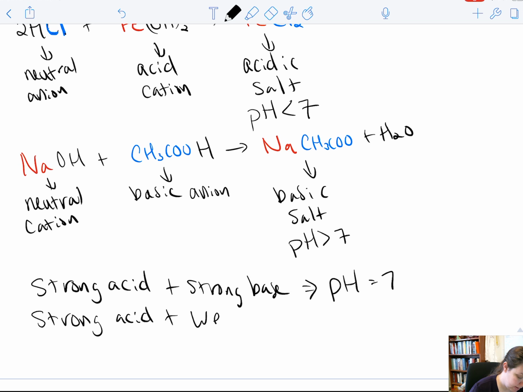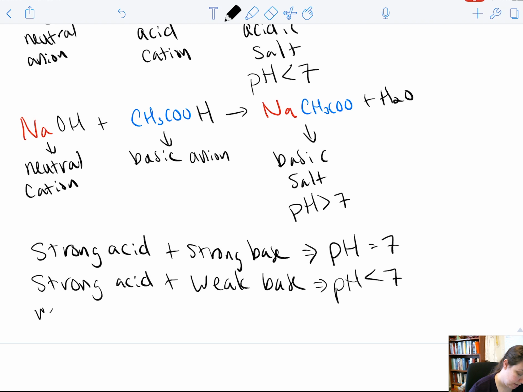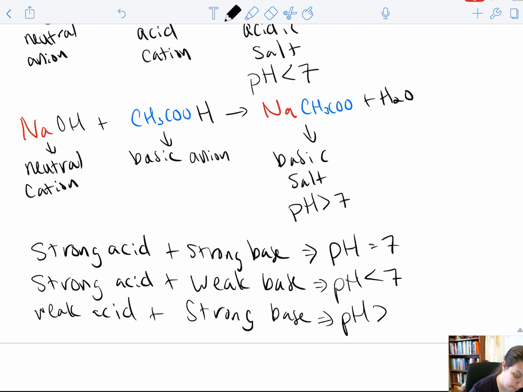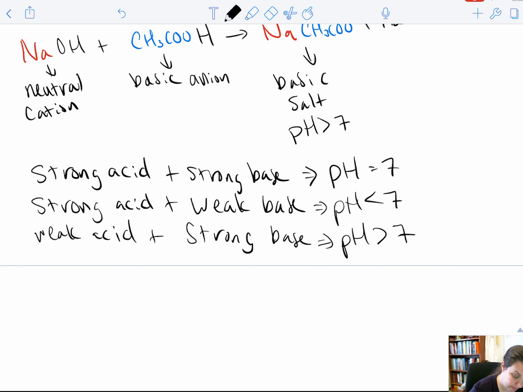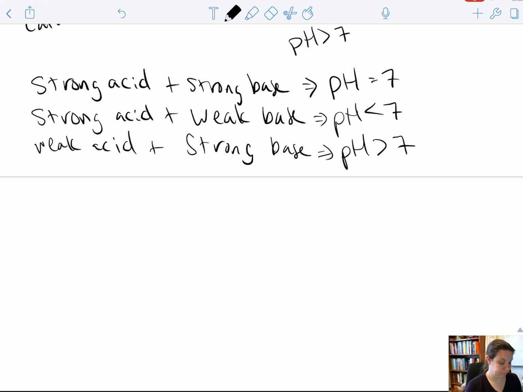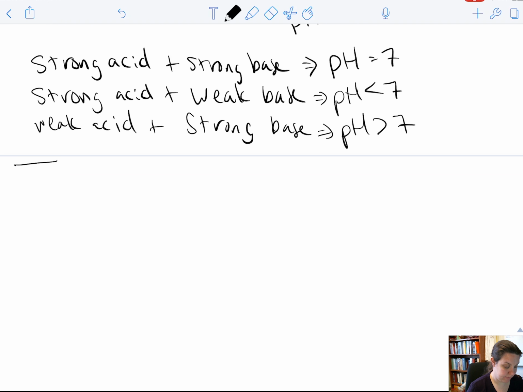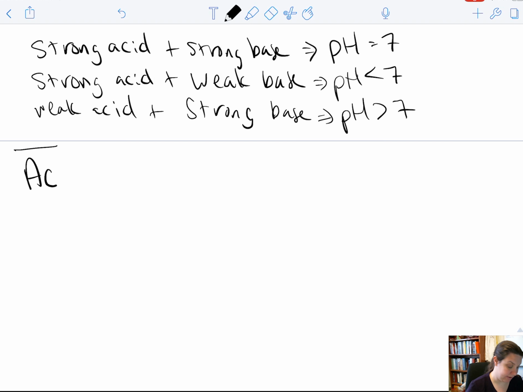Strong acid plus weak base gives a pH less than 7. Weak acid plus strong base gives a pH greater than 7. Okay. Now move on to acid strength.